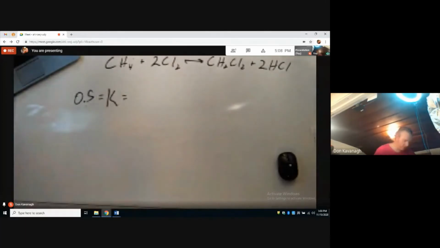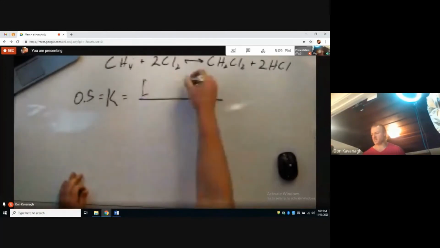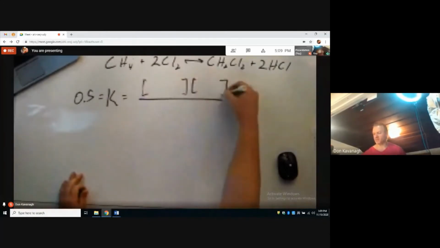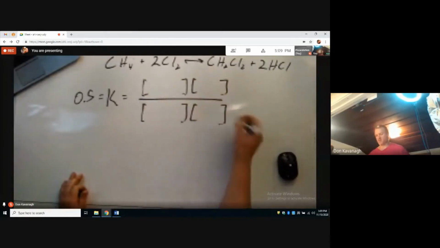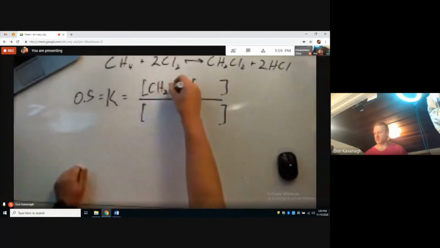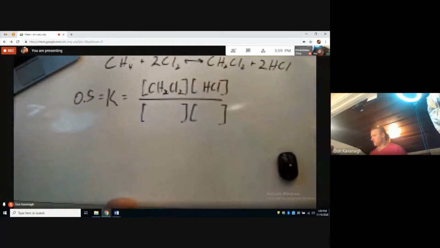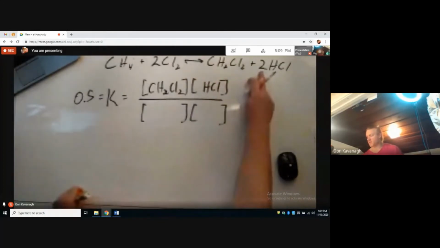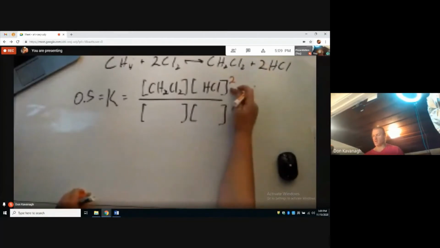The capital K expression is going to have products over reactants with the molarity, the square brackets, being of interest. CH2Cl2, HCl. From the balanced chemical reaction, we have to square the molarity of HCl.